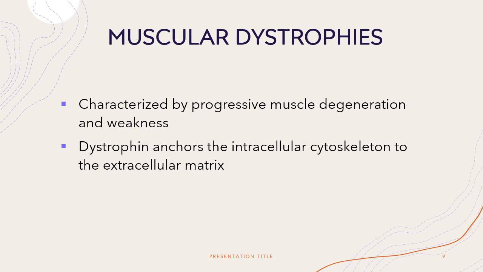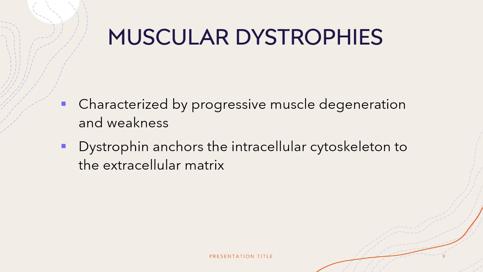The dystrophin protein is the affected one. Normally, dystrophin anchors the intracellular cytoskeleton to the extracellular matrix, which helps to transmit force during muscle relaxation.